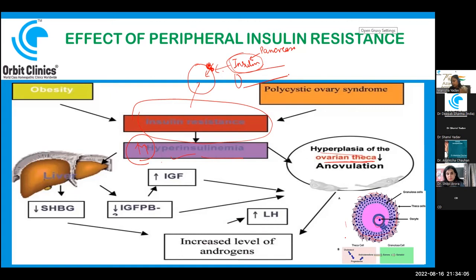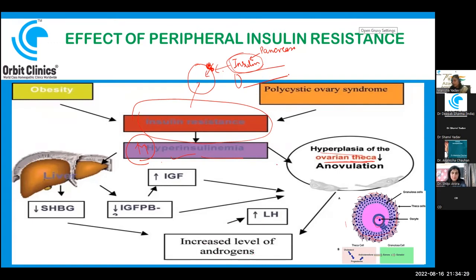And you might have learned in gynae classes that this excessive androgen is formed through conversion of cholesterol into progesterone, androstenedione, and these various conversions, which you already know. But you have to remember that because of excessive stimulation of this theca layer, there is excessive production of androgen.